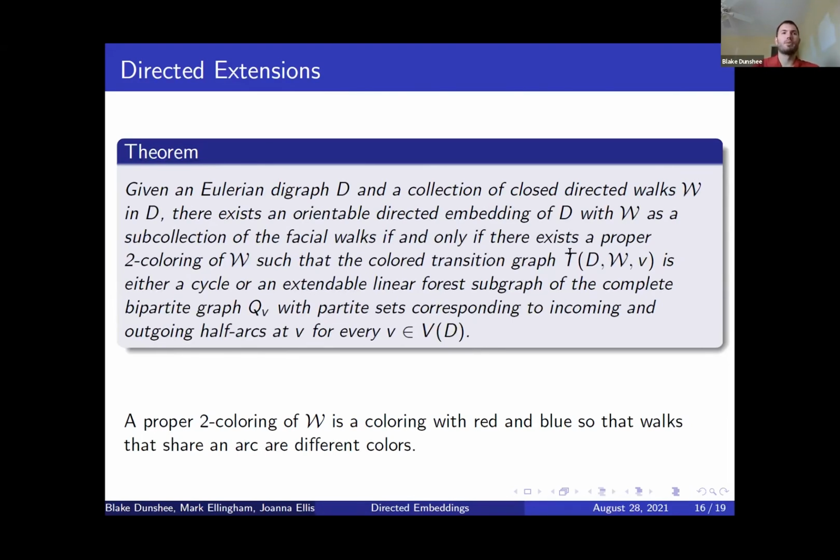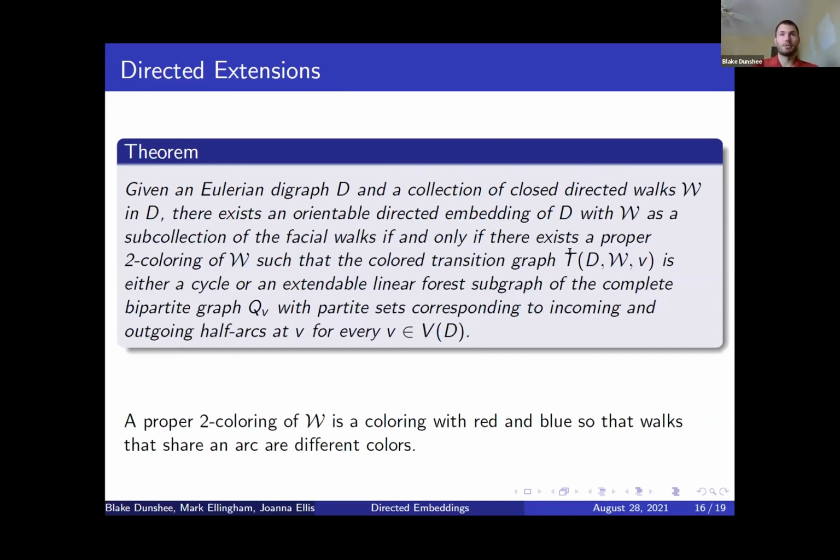By proper two coloring of the walks we mean that walks that share an arc must have different colors, so that every arc is traversed once in each direction in our orientable directed embedding.